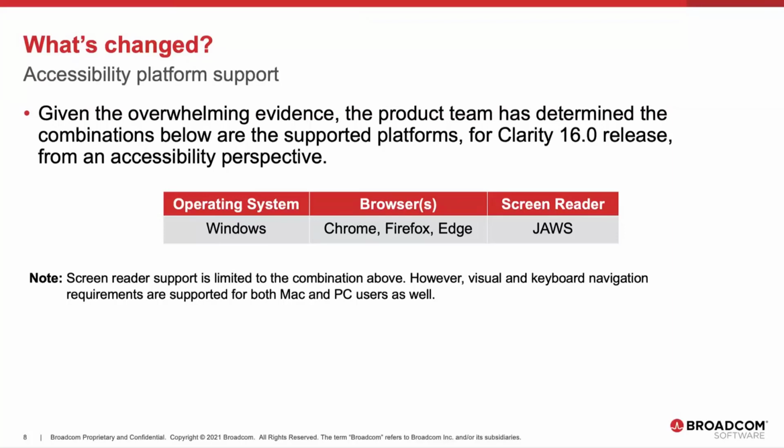Screen reader support will be limited to this combination. We just wanted to be really clear on what the platform support is. However, visual and keyboard navigation are supported for both Mac and PC users as well.